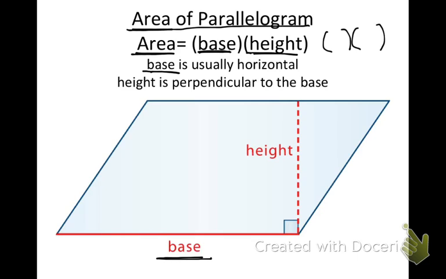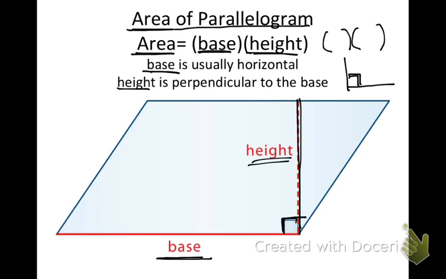Okay, so the bottom is the base, and then the height is perpendicular to the base. So here's the height, and it's perpendicular. So if you remember, perpendicular means it makes a 90-degree angle. And we always make that little square to show that. So if I find my base, I find the perpendicular sign, I know that that is the height.